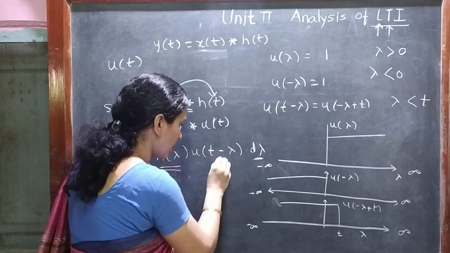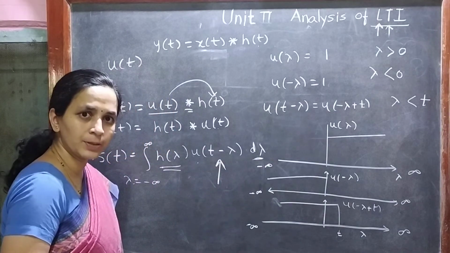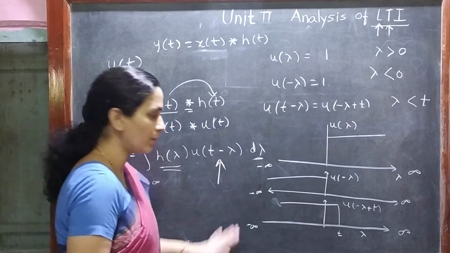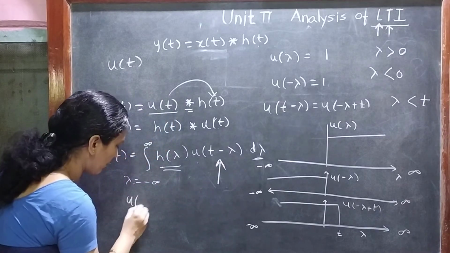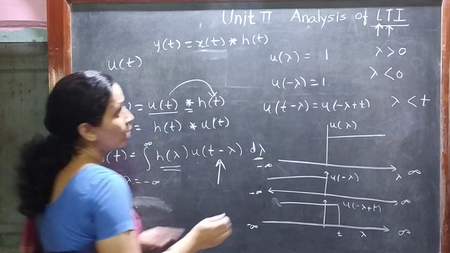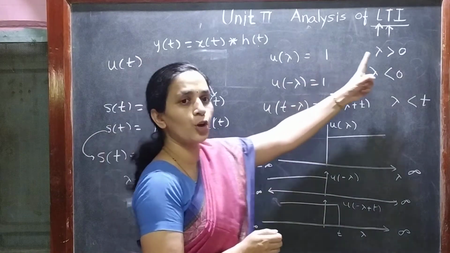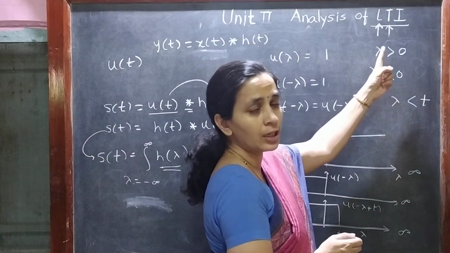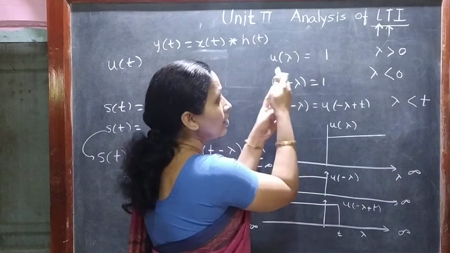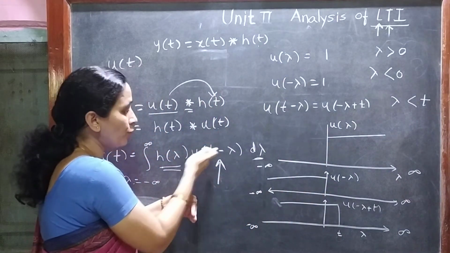Let us focus on this unit step signal. What comes in front of us is u of lambda. Normally, u of lambda is equal to 1 for all the values of lambda which are greater than 0, right? And now what do we want? We want u of t minus lambda.